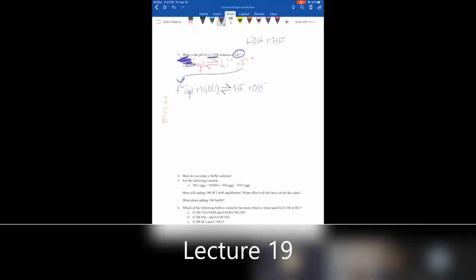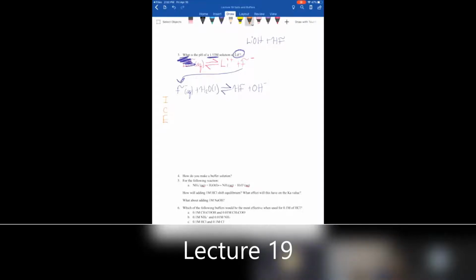I don't know. Okay. So your concentration of lithium fluoride is 1.53. If it breaks apart, what is your mole to mole ratio between LiF and lithium? It's just 1 mole each. Okay. So it would be the same, right? Yep.